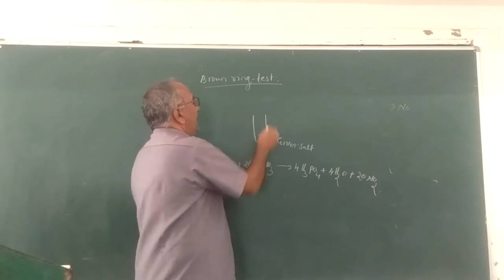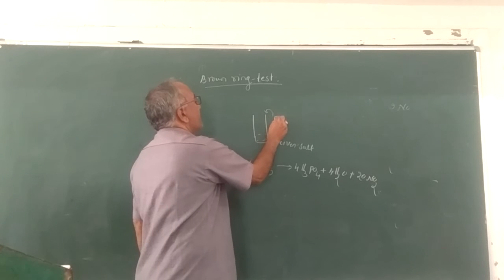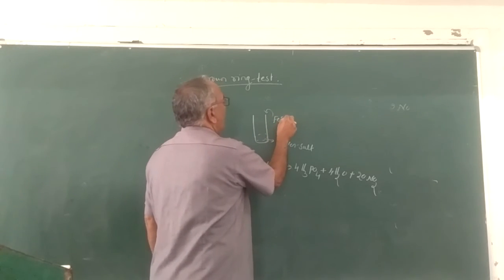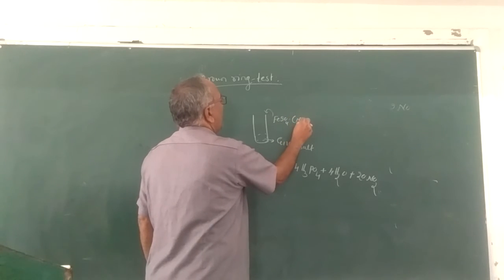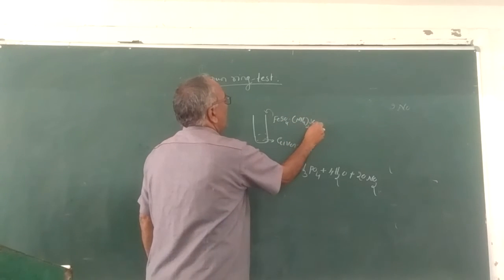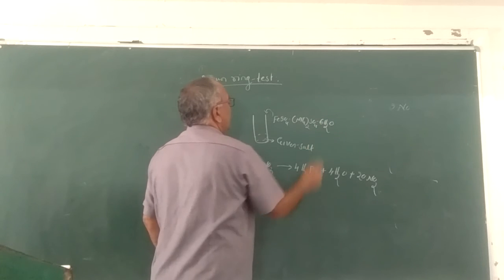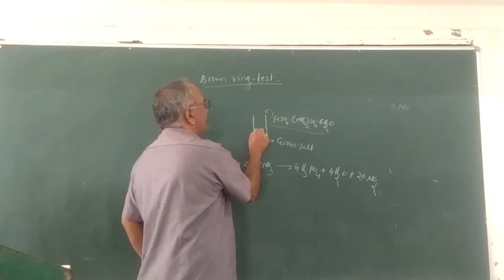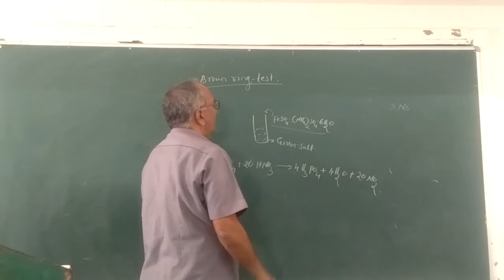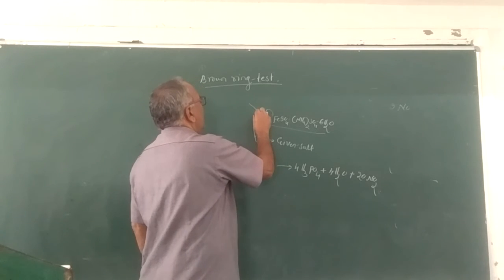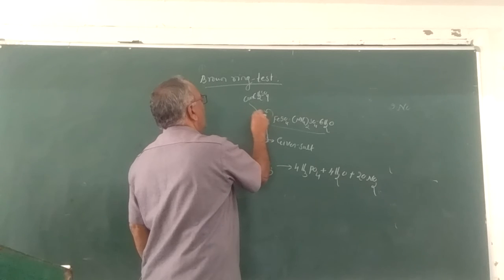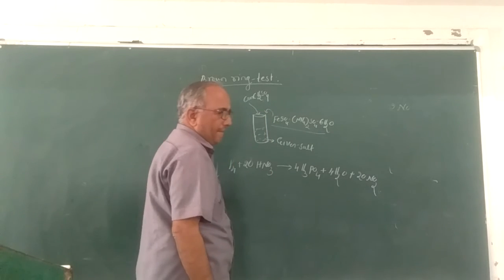Add the saturated solution of ferrous ammonium sulfate, FeSO4, (NH4)2SO4, 6H2O. Then add concentrated sulfuric acid along the side of the test tube using a dropper.